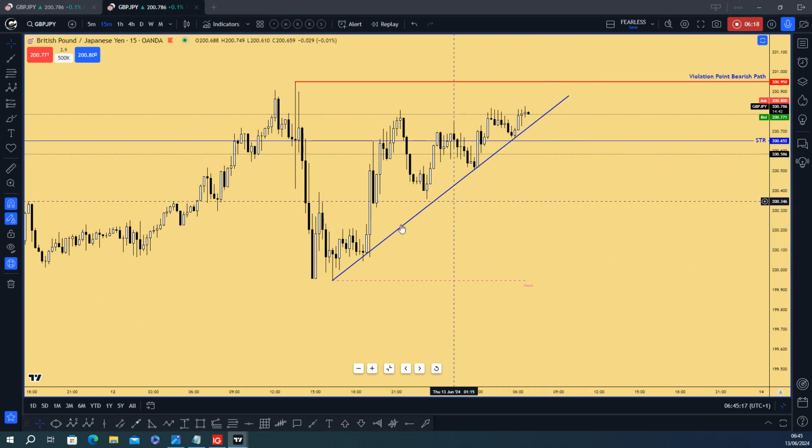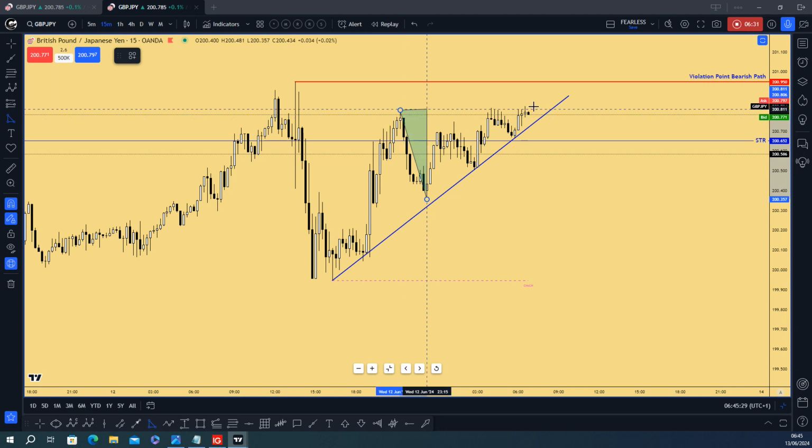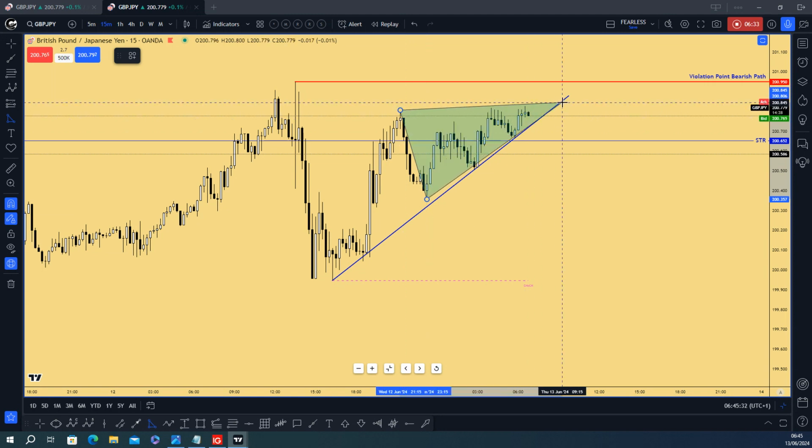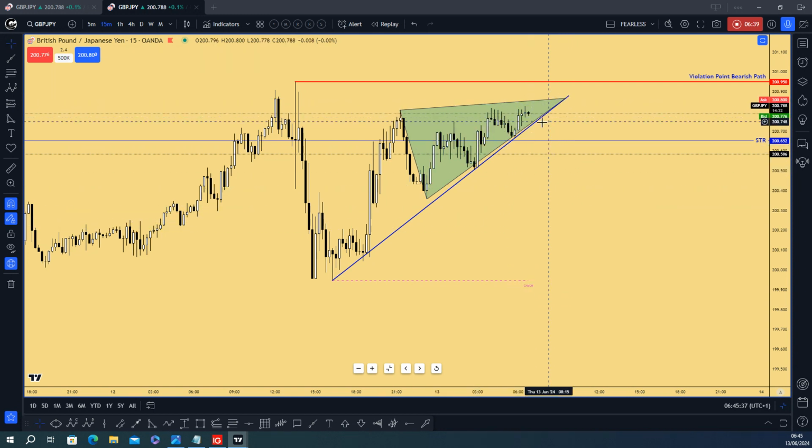So we have this line, we can call this a gift line. It's very prolonged, and you can also see the price is coiling.